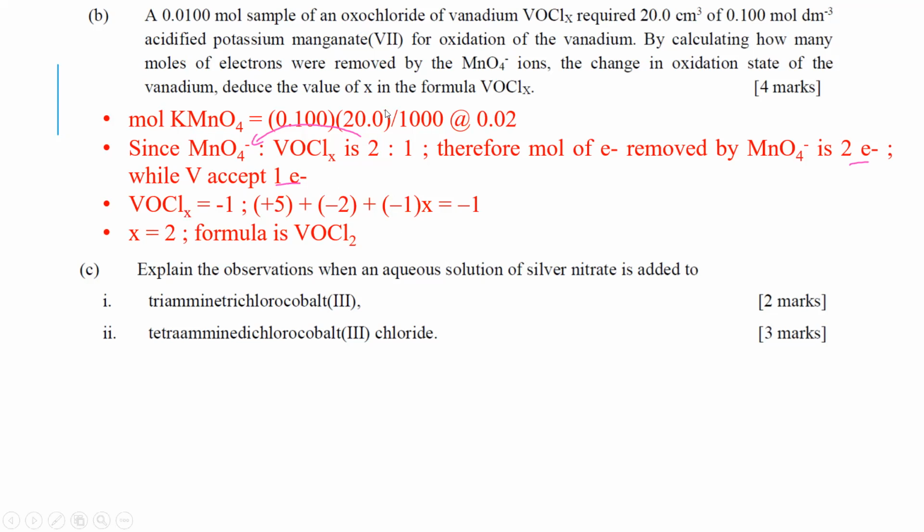Okay, and last but not least, explain the observations when aqueous solution of silver nitrate is added to number 1, triamminetrichlorocobalt 3, and then number 2, tetraamminedichlorocobalt 3 ion. So I hope that you can imagine how the structure looks like. So triamminetrichlorocobalt, you have 3NH3. Then 2 chlorine here.